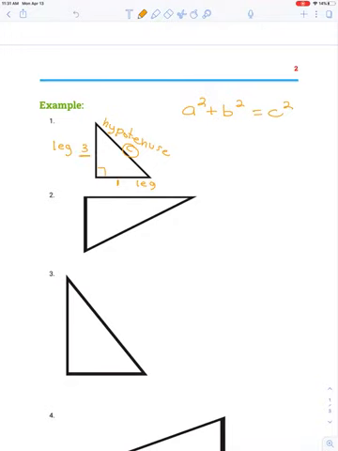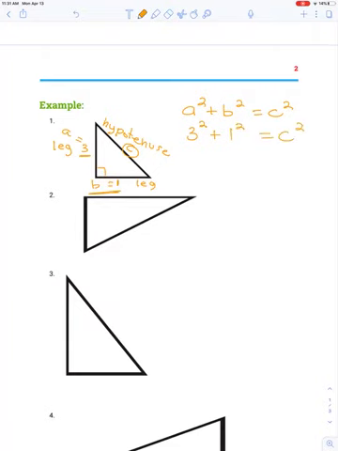So one leg is 3. And sometimes it makes it easier to say A equals and B equals, so you can see exactly where that's going. So I have 3 squared plus my B is going to be 1 squared equals C squared.